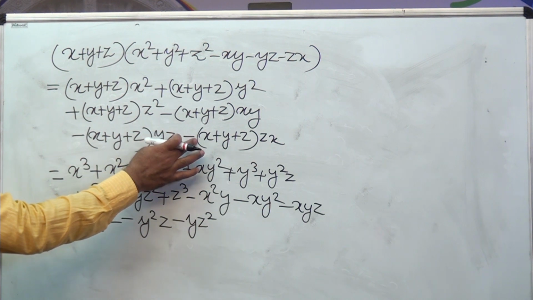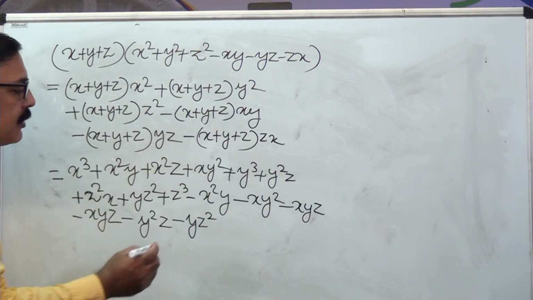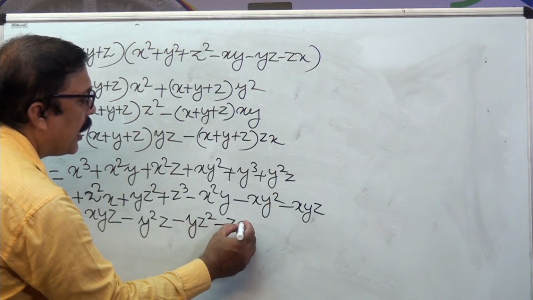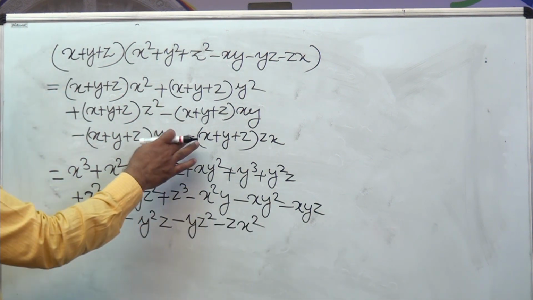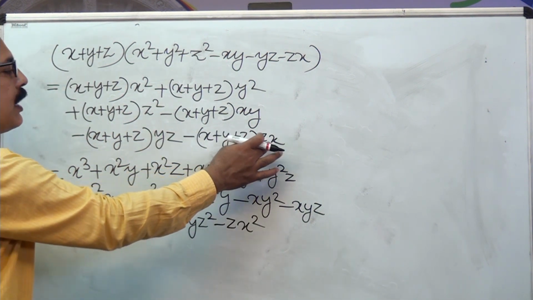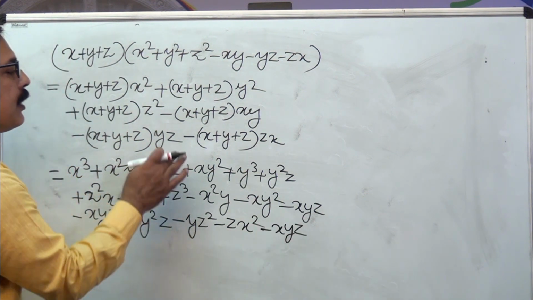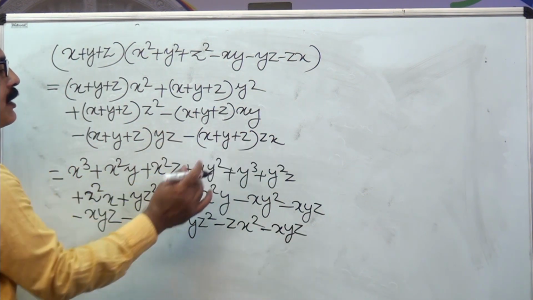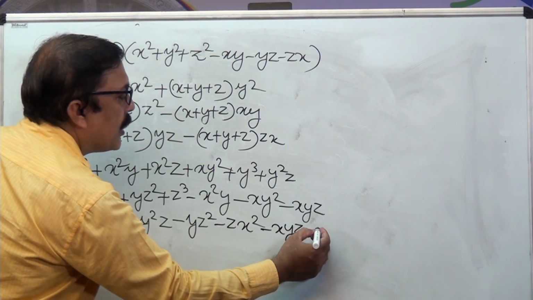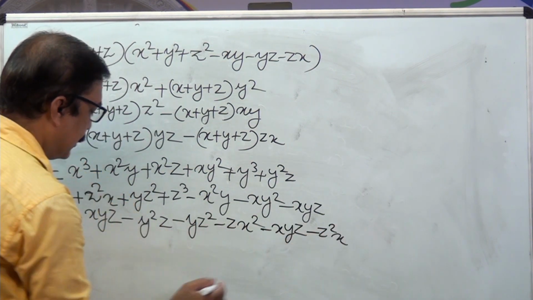Here again, minus x into zx gives minus zx square, minus y into zx gives minus xyz, minus z into zx gives minus z square x.